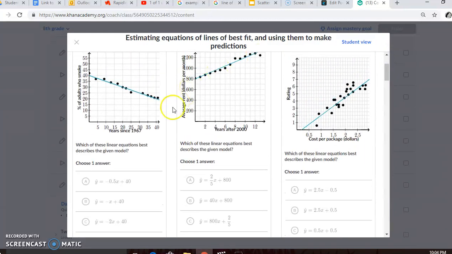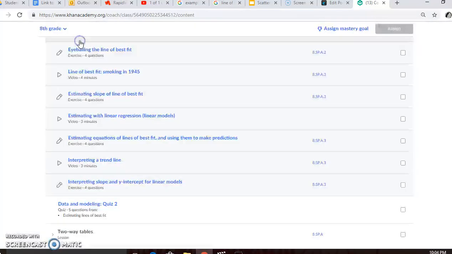In 1997, this says years since 67, so 1997 would be at 30 years past 67. At 30, I come up to the line here, and it looks like when x is 30, y is 25. So it'll be 25% of adults smoked in 1997. So I would use that.